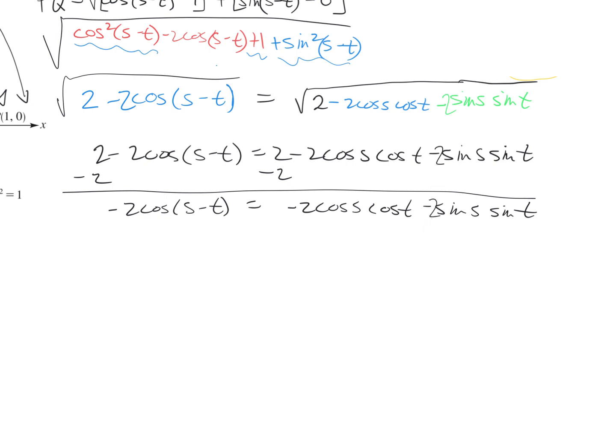Now what we can do is factor out negative 2 on the right-hand side.